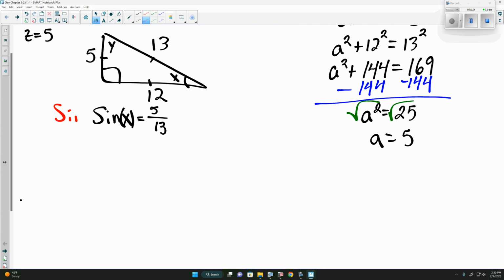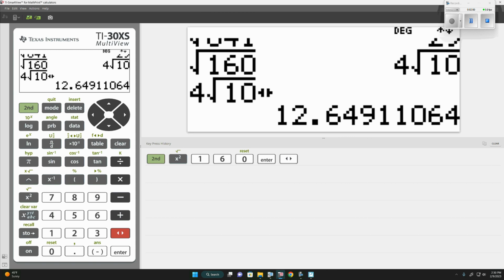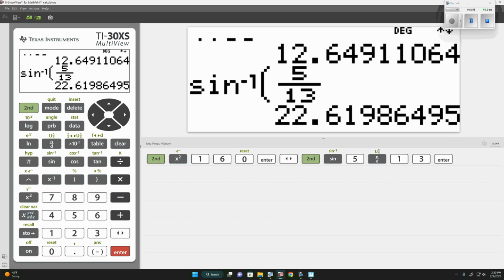To get the angle by itself, we take sine inverse of both sides. Sine inverse of sine of x simplifies to just x, our angle, which equals sine inverse of 5 over 13. We get the calculator out and do sine inverse of 5 over 13, which is 22.6.